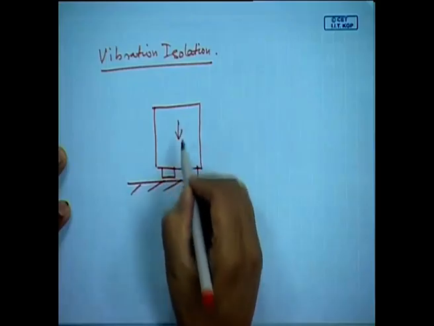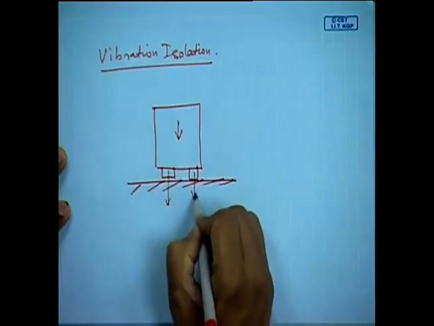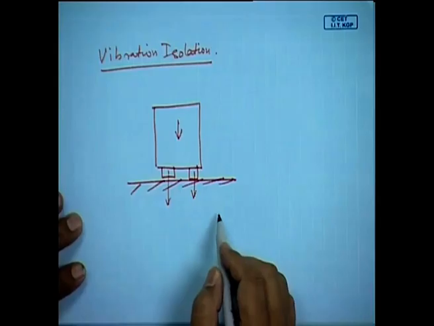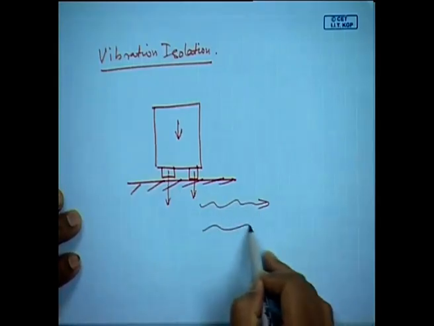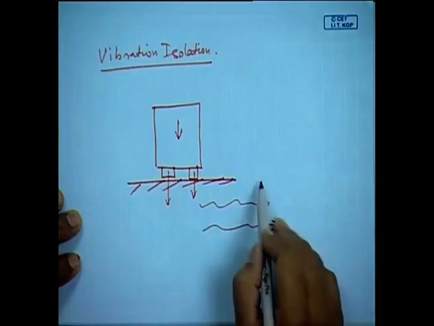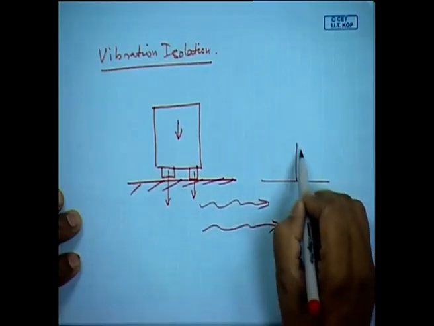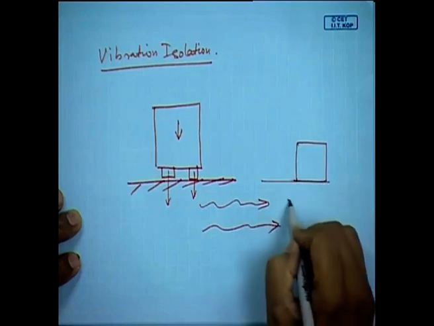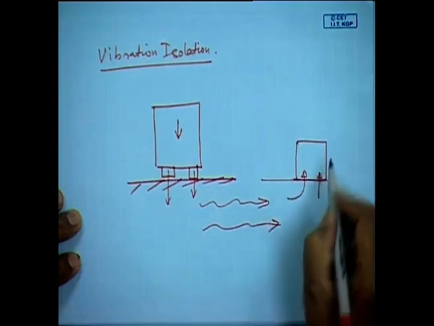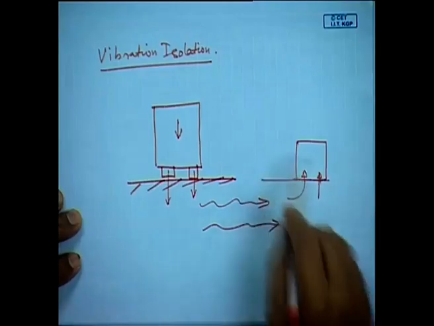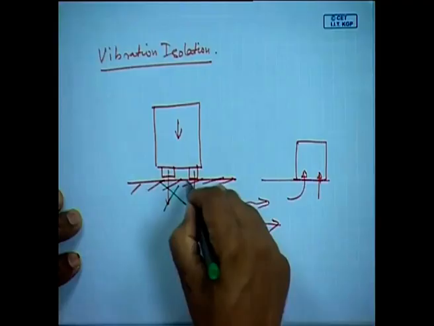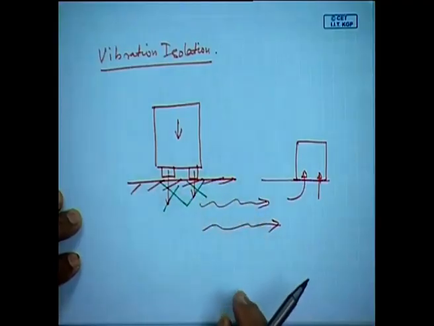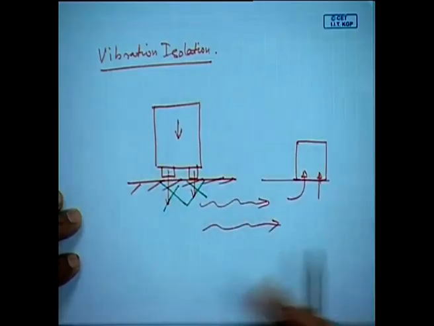Because of the dynamics of the machine, certain forces are subjected to the ground, and this ground is going to vibrate, and these waves will get transmitted, and then at some other place I have another machine, and they are going to affect this machine's operation. So I have to devise a means wherein I reduce this energy which is getting transmitted from one machine to another. This is one way of looking at it. The vice versa also happens.